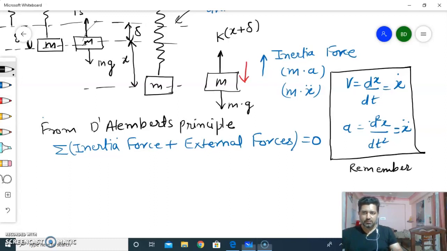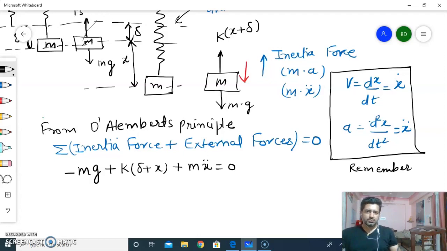We consider the downward force as negative, that is negative mg, and the upward spring force k into delta plus x, and the upward inertia force m x double dot, is equal to 0. So from here: minus mg plus k delta plus kx plus m x double dot is equal to 0.